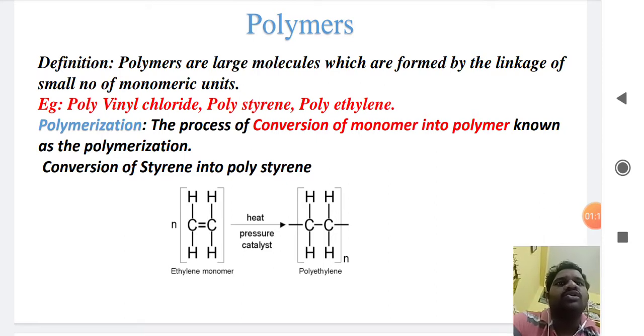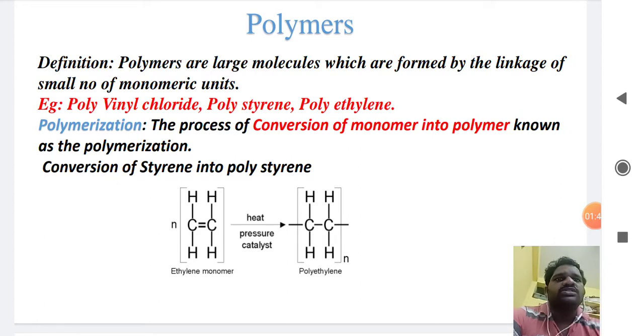In this session, we are going to discuss the introduction to polymers as well as the classification of polymers. The best examples of polymers are polyvinyl chloride, polystyrene, as well as polyethylene. When we observe these three words, every word starts with poly. Poly is not an Indian word, it is a Greek word.